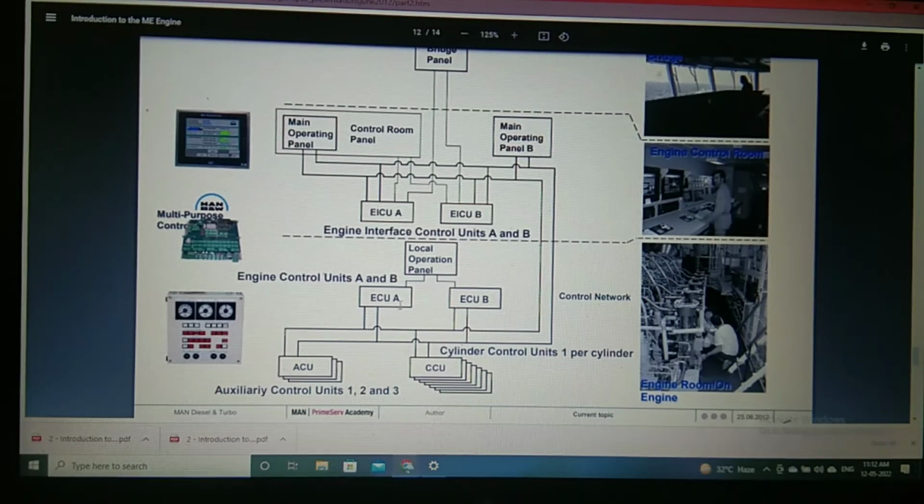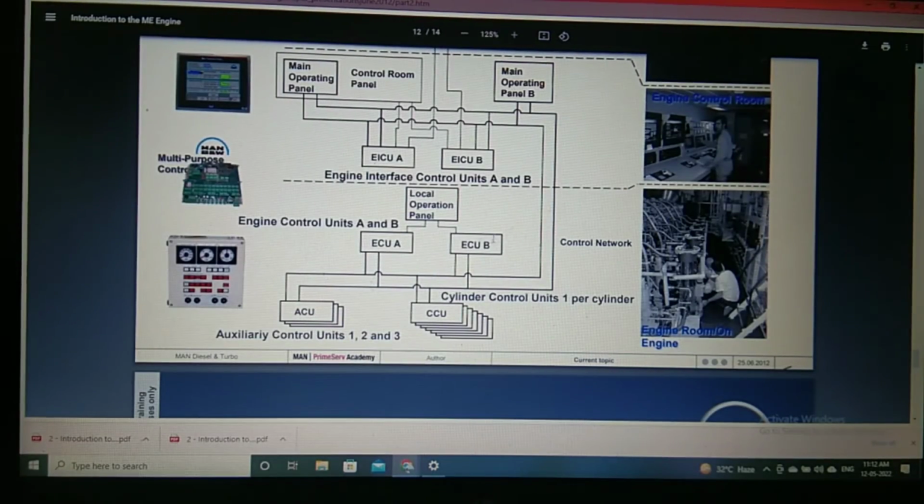Then we have an engine control unit A, engine control unit B, right? Then we have an auxiliary control unit 1, auxiliary control unit 2, auxiliary control unit 3. We have a cylinder control unit, 1 per cylinder. So this is the cylinder control unit for every cylinder. Okay, so this is the control network. All are connected together.